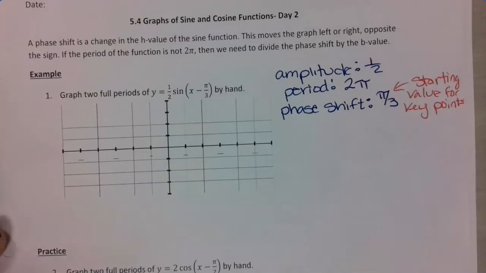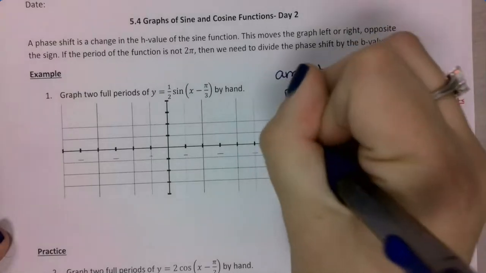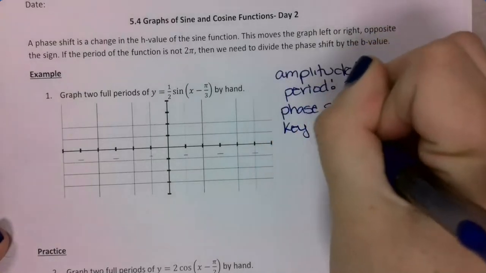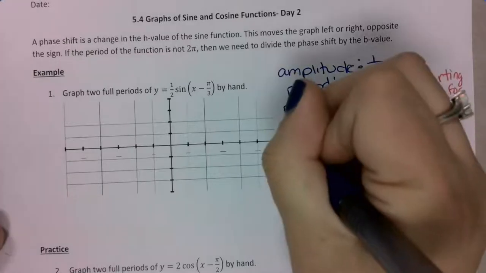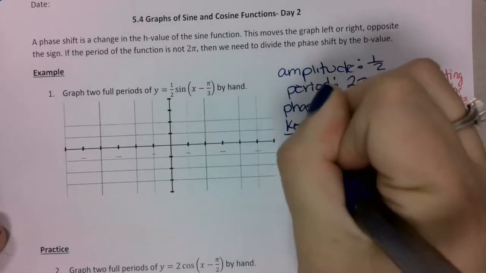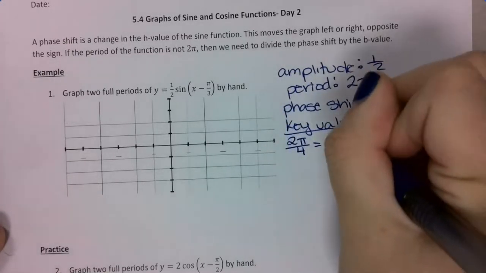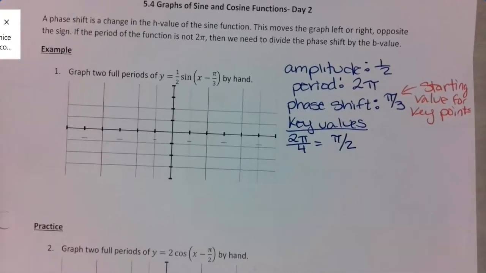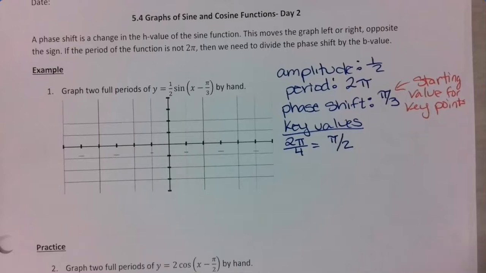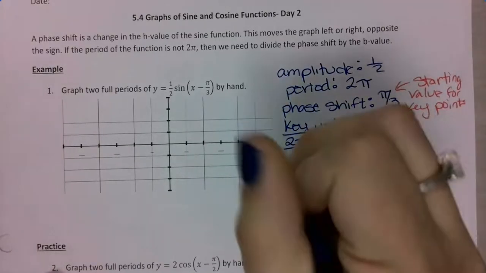Okay, so now I need to figure out my key values. So I'm going to take my period and divide by 4. So I'm counting by pi halves. So I'm going to start at pi thirds.